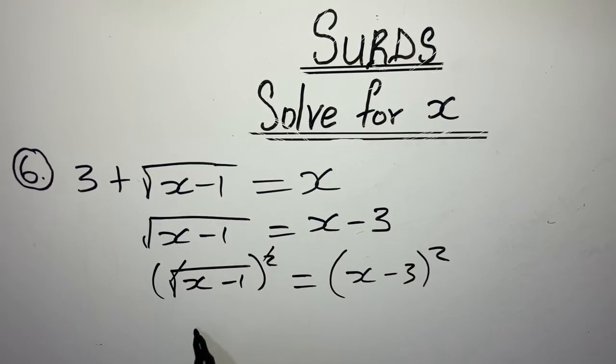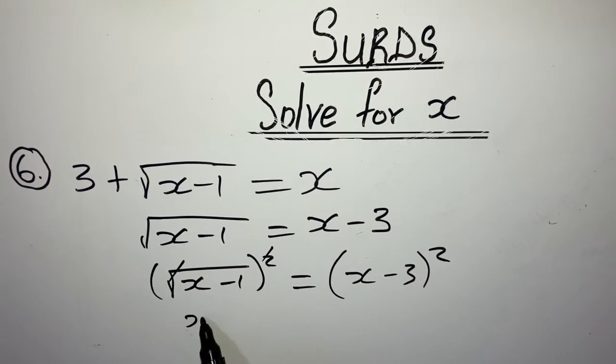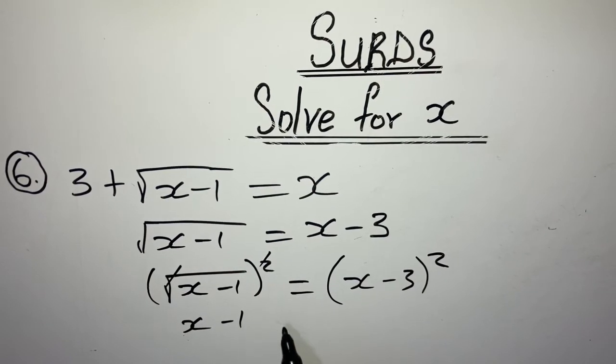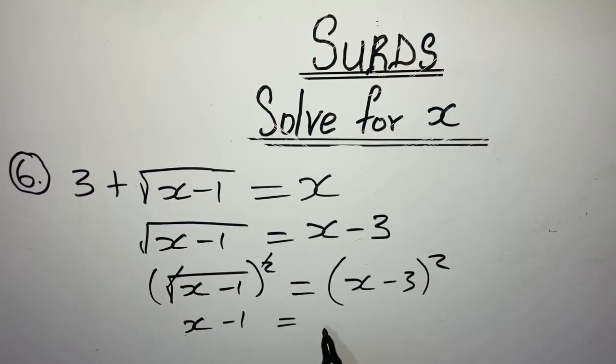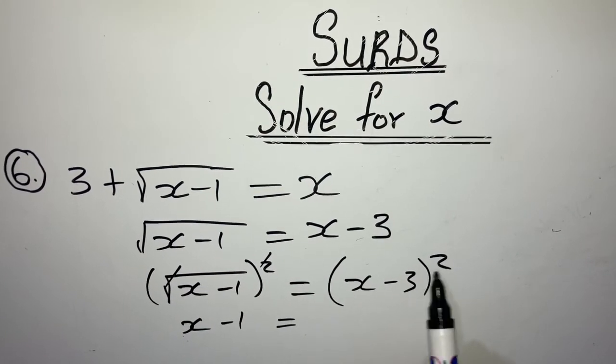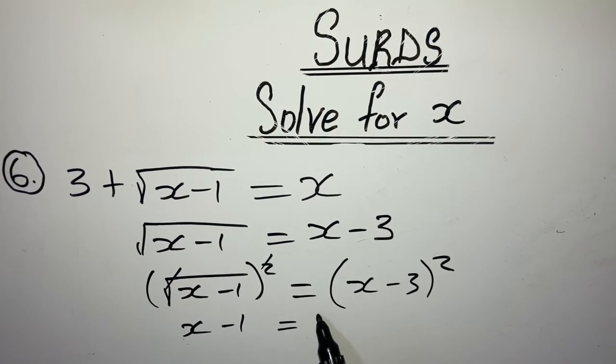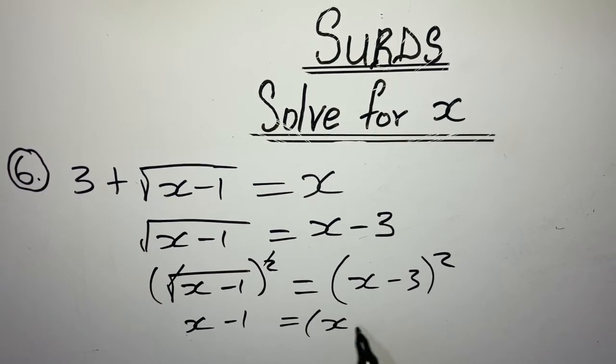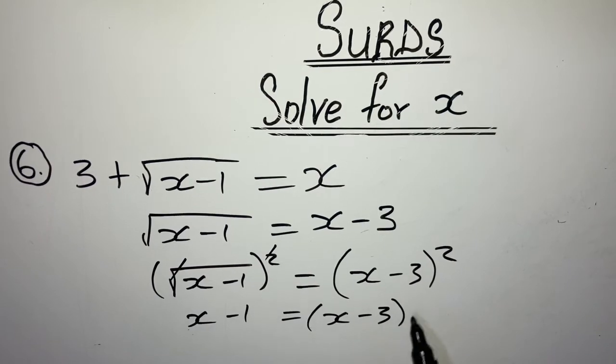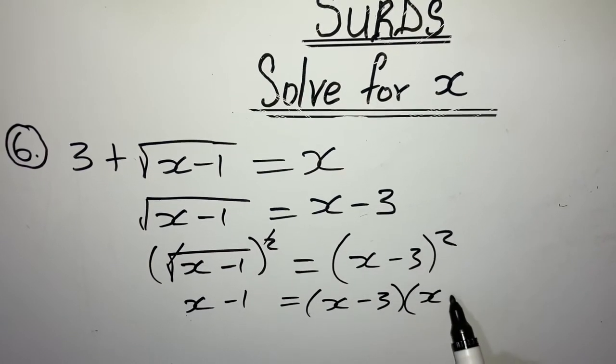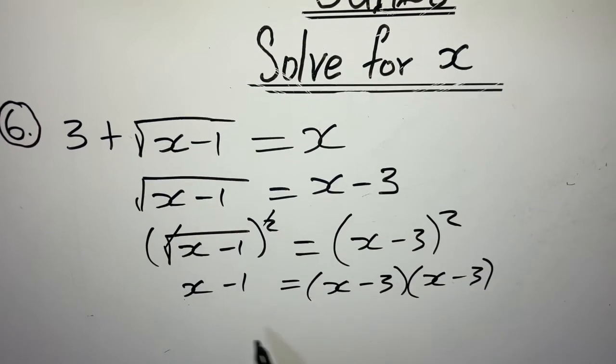What remains is x minus 1 equals to, this means the same bracket twice. I'll have an x minus 3, x minus 3.